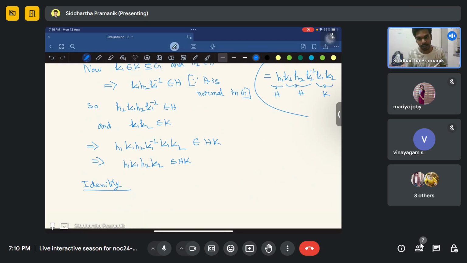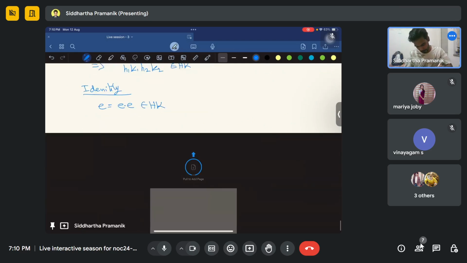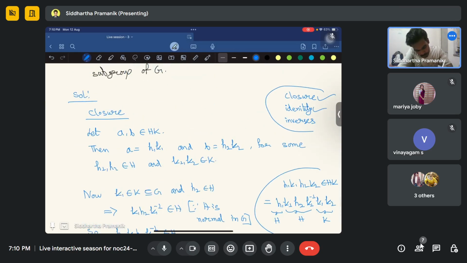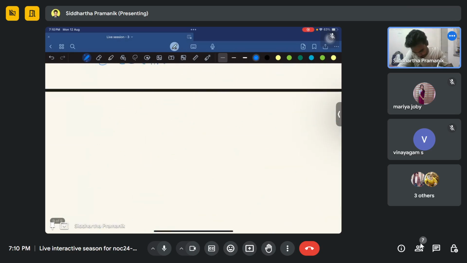Since H and K both are subgroups, identity belongs to both H and K. So identity belongs to H times K. So identity is also there clearly. Now let's see inverses.